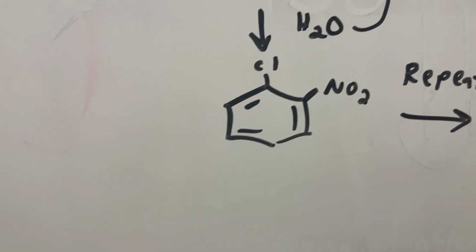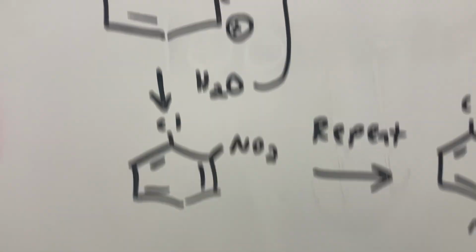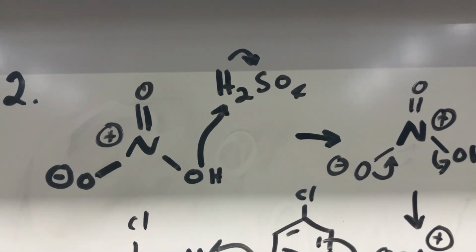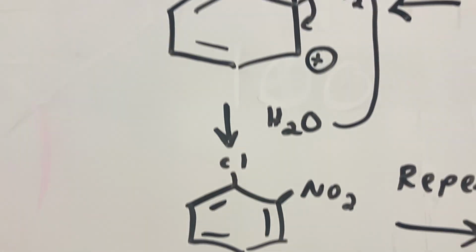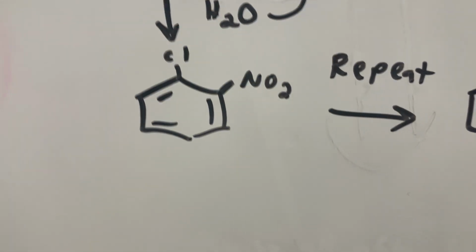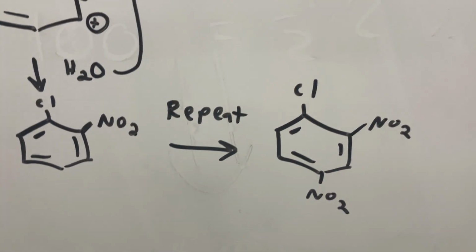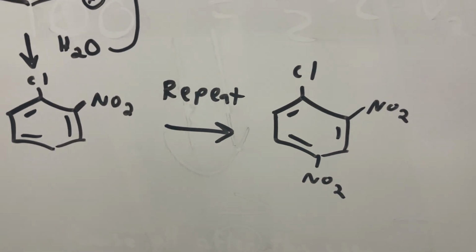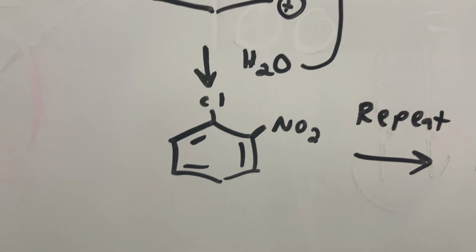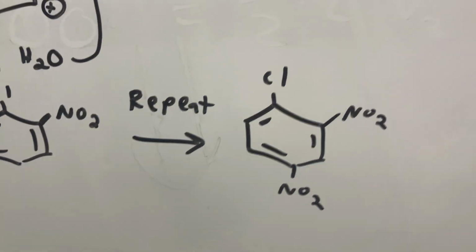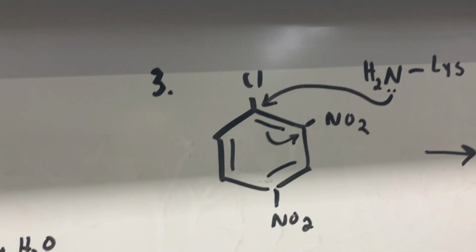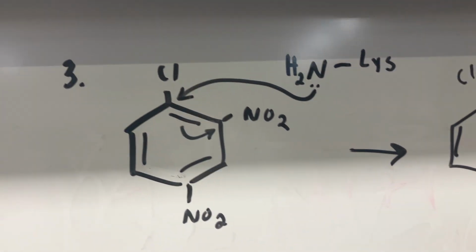I drew ortho first, but because we have this acid catalyst, we can just let that reaction keep going, and it will add both para and ortho, because chlorine is an ortho-para director. Okay, so now we have this great setup where we can do nucleophilic addition, elimination, aromatic substitution.